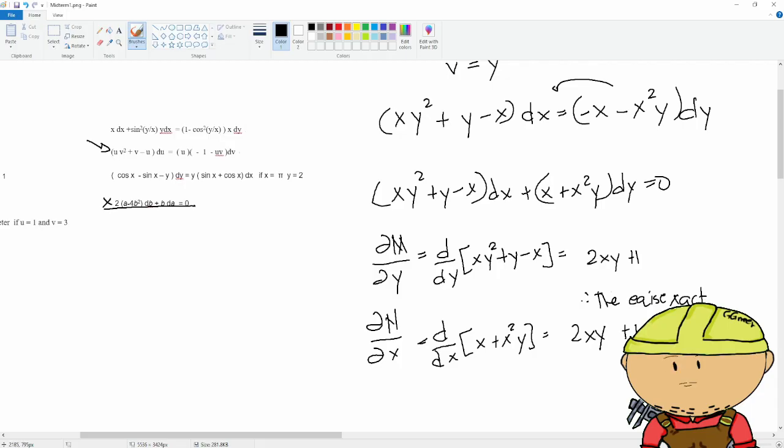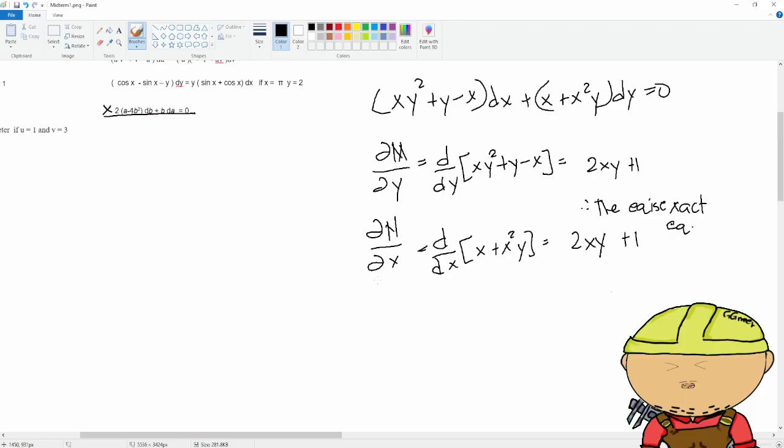Since we know the equation is exact, we can use our theorems. I'm going to do theorem 3, it's much faster. Or let's do the longer version: integrate M dx. For an exact equation, we're integrating with respect to only one variable.